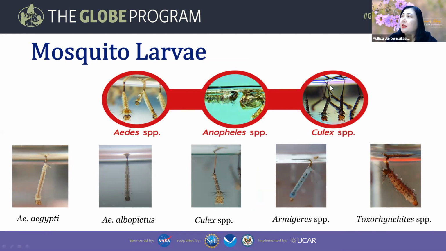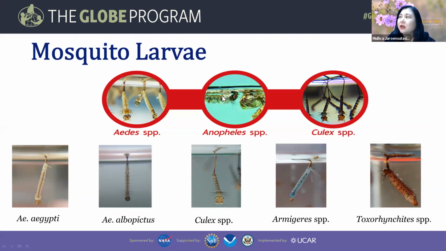For the Culex, Culex tend to live in very dirty water, so they usually have a really long siphon. So different mosquito larvae do look different, and they actually park themselves, think of them as a car, near the water surface differently. It depends on the siphon.